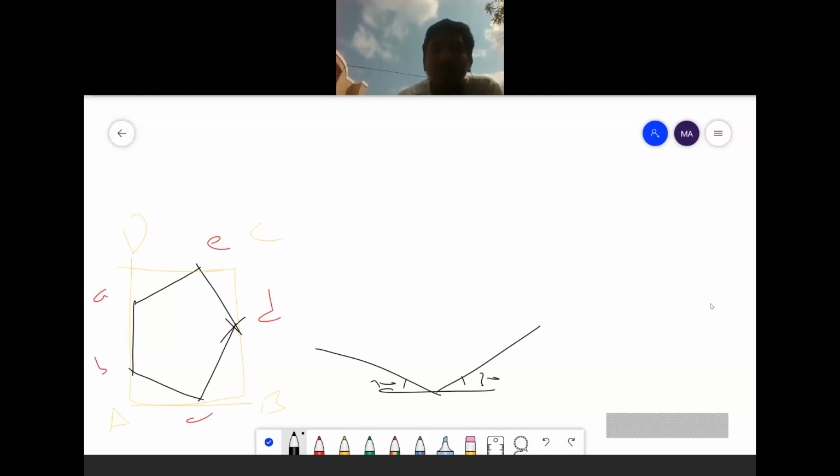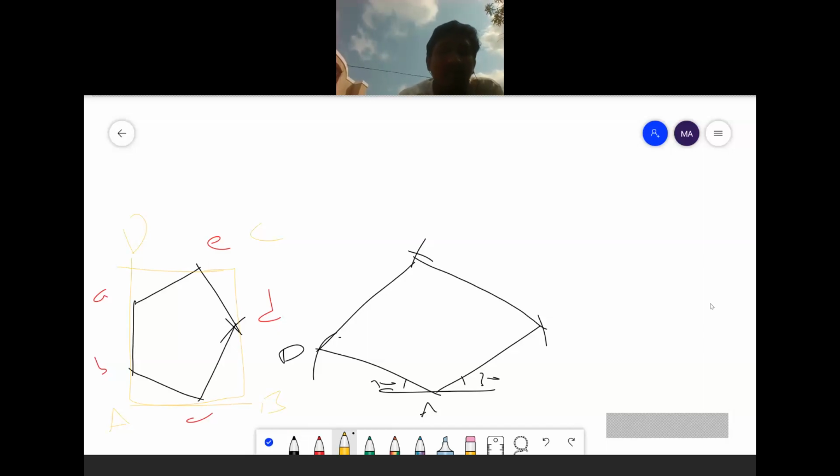I'm measuring from A to B and cutting here. Measuring from A to D, I'm cutting here. Again, I am measuring from A to D and cutting an arc here, measuring from A to B, cutting an arc here. I am joining this and inserting the pentagon here.